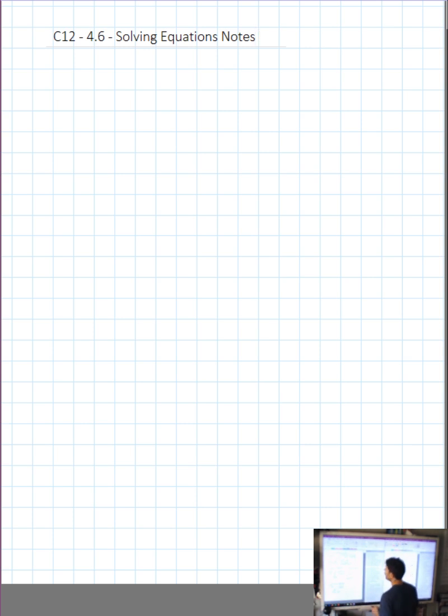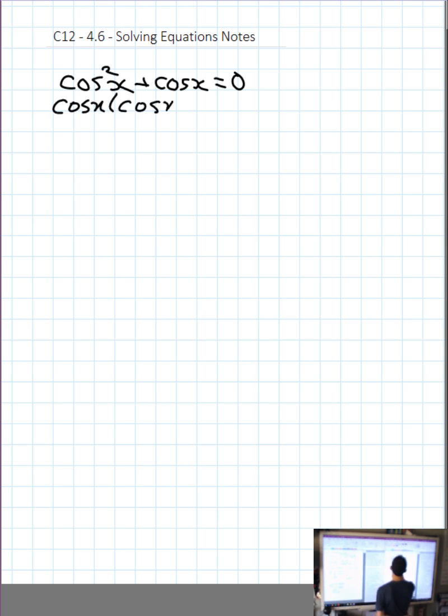Okay, let's take where we started from last time. Let's take cos squared x, just in the last sheet in the video, plus cos x equals 0. And in the notes, I've made m cos x, and I've done all those steps, and I'm just not this time. So I'm going to factor out a cos. Cos x, open bracket, cos x plus 1 equals 0.